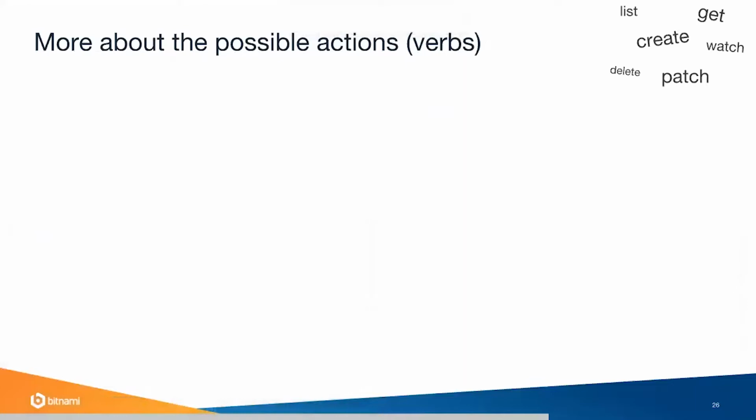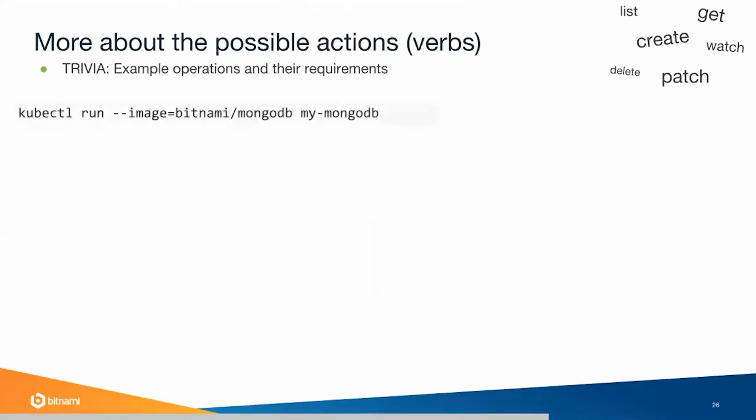I just want to do a small trivia. Unfortunately, I can't hear you, but let's just go through the operations that we can do. We've got list, get, create, watch, delete, and patch. For this operation, for example, kubectl run, which verbs do we need?